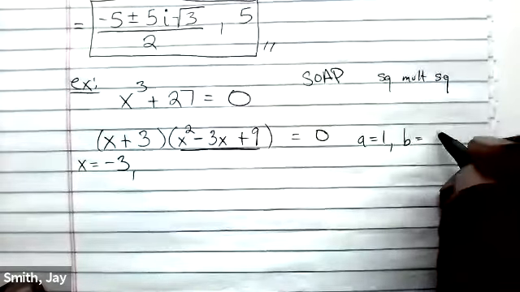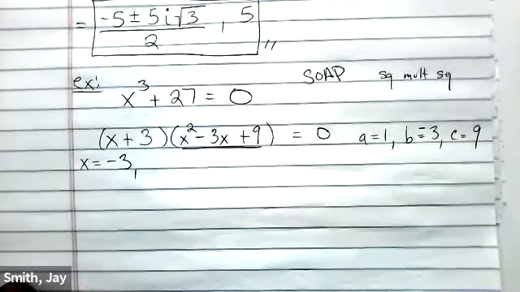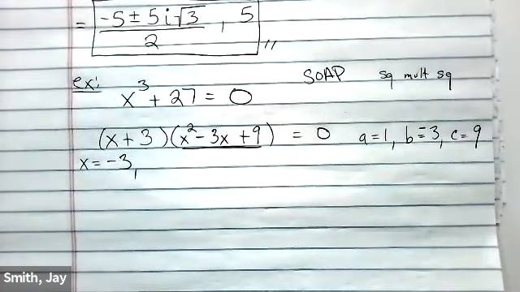Here are my A, 1, B, 3, C, 9. I'm sorry. Be sure to keep the sign. My B is -3, not just 3.